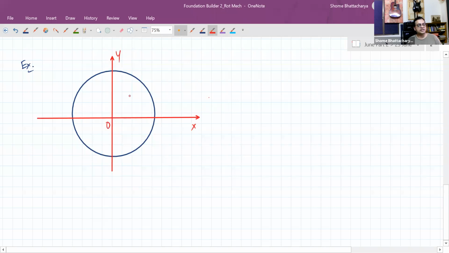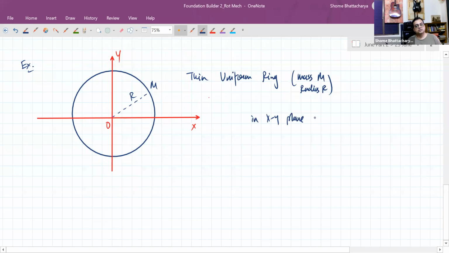Even though it's not exactly a surface in that sense, it is still laminar because it is lying in a plane. So if this radius is r, this is a thin uniform ring, mass m, radius r, in the xy plane with the center at the origin.